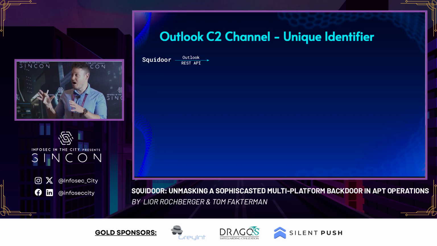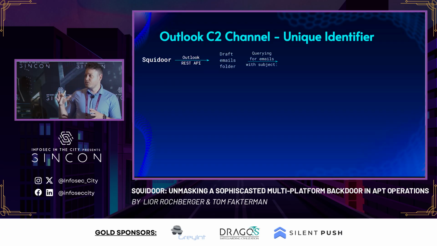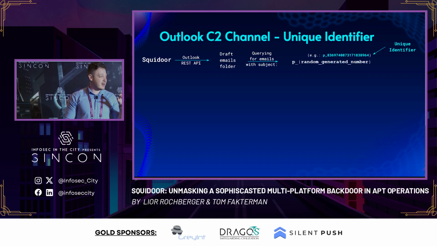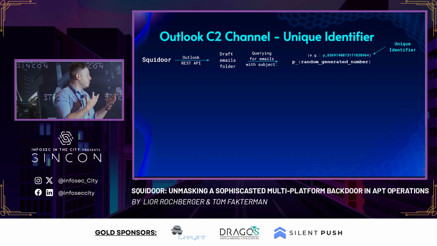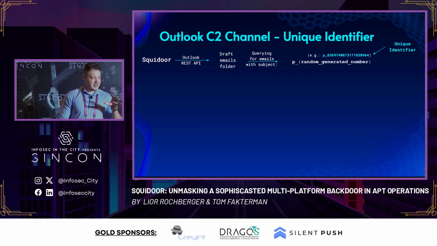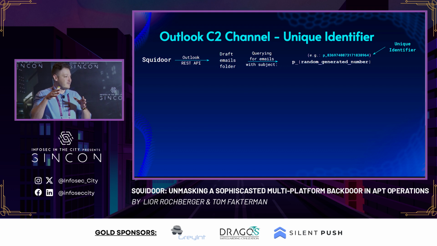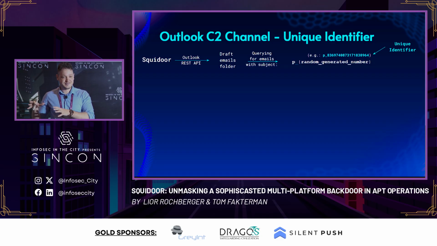Squidoor will use the Outlook REST API to query the draft email folder of the attackers for an email with a very specific subject. The subject starts with the letter P underscore, and after that, some random generated number. This generated number is basically a unique identifier for that specific Squidoor instance.